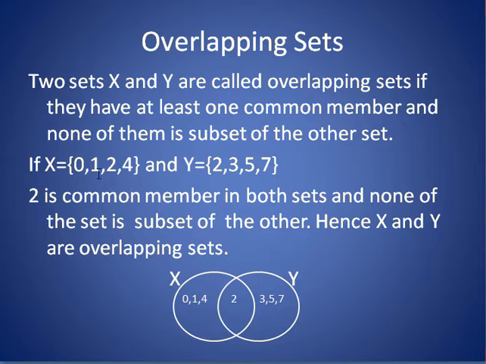All the elements of set X which are not present in Y, like 0, 1, 4, we write here. Similarly, all the elements of set Y which are not present in set X, like 3, 5, 7, we write here. This diagram shows overlapping sets.